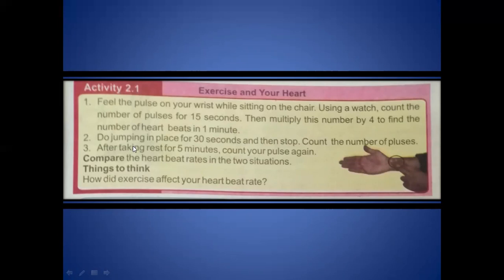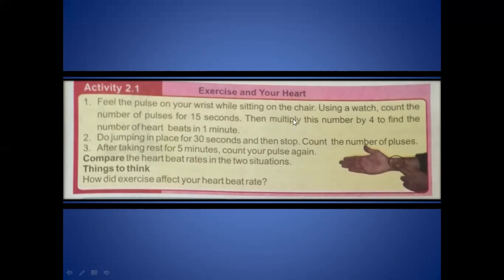Do jumping in place for 30 seconds and then stop jumping. And now again count the number of pulses after this jumping or after this exercise. After taking rest for 5 minutes, count your pulse again. So you have to count the pulse rate 3 times.